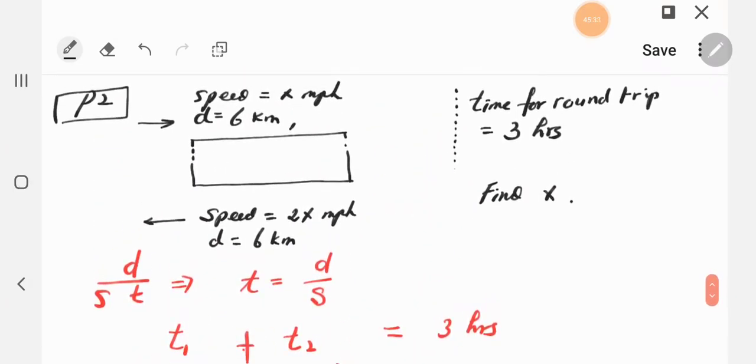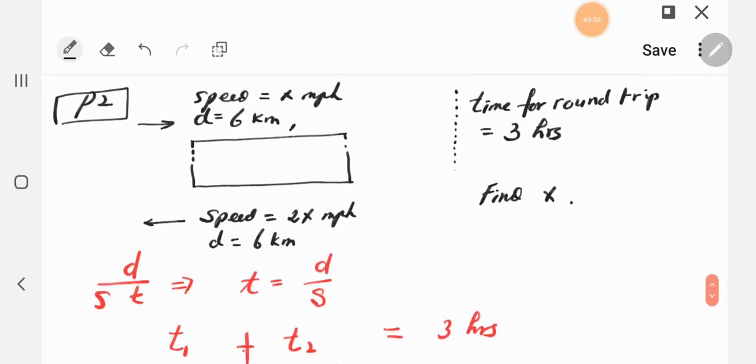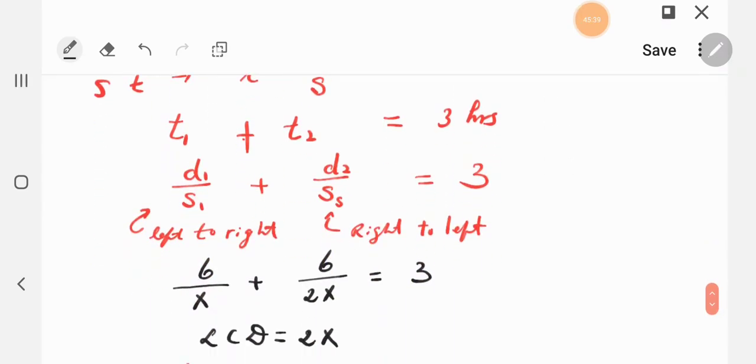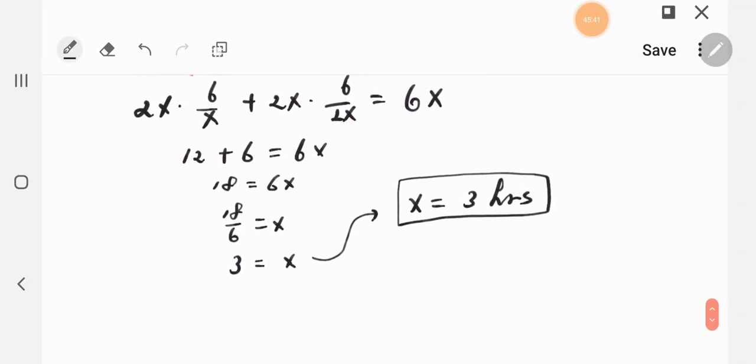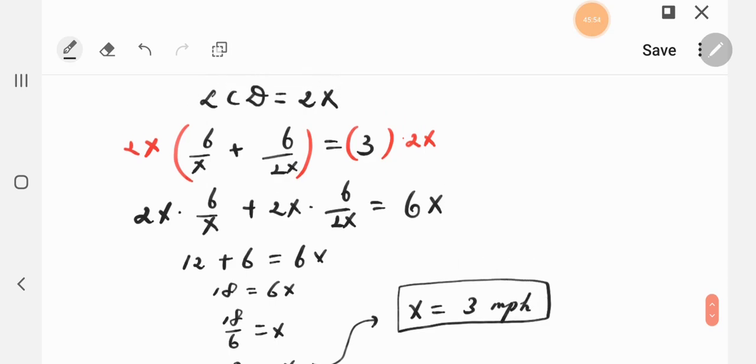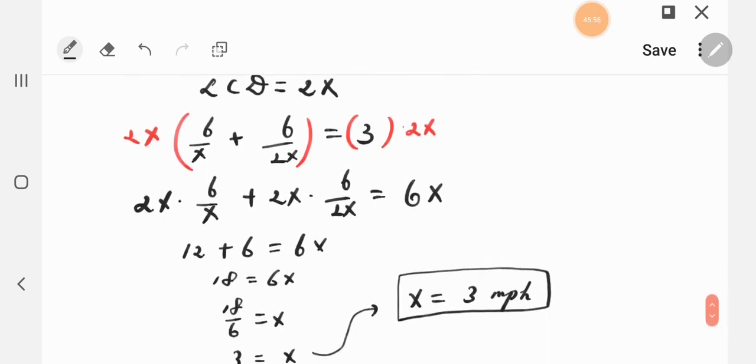The question is to find the rate of the sailboat going across the lake. So find the speed from left to right. All right, the speed from left to right is not hours. That's 3 miles per hour. Sorry, 3 miles per hour, because x is the speed.